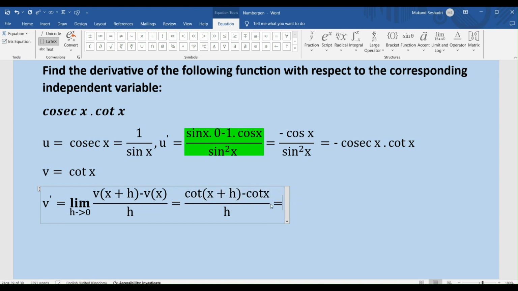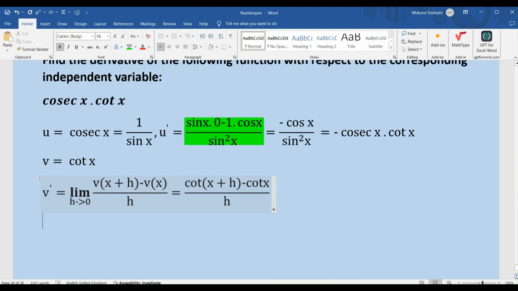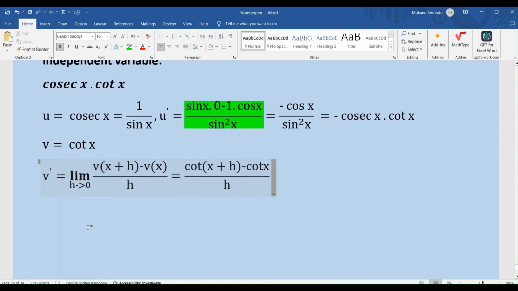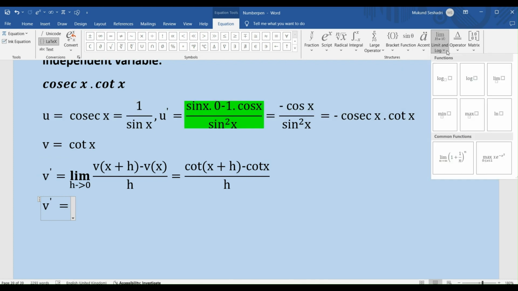I'm going to rewrite this right in the next line. My cot is nothing but cos by sine, right? So I'm going to rewrite that in that fashion. So let's write out what is our v dashed in terms of cos x and sin x, right? And this is a good thing for all of us to do, right?